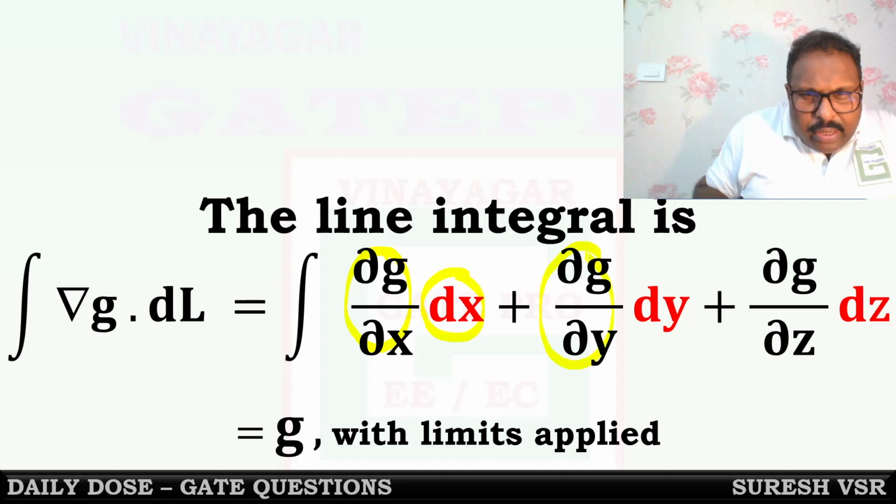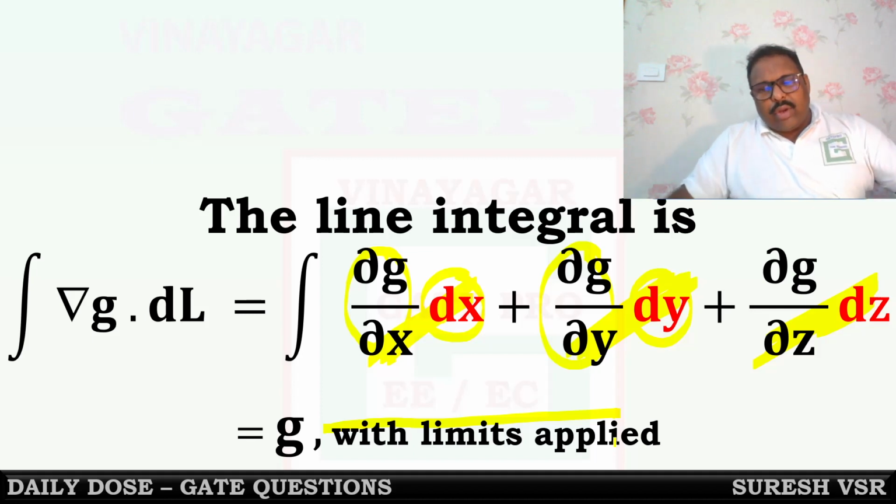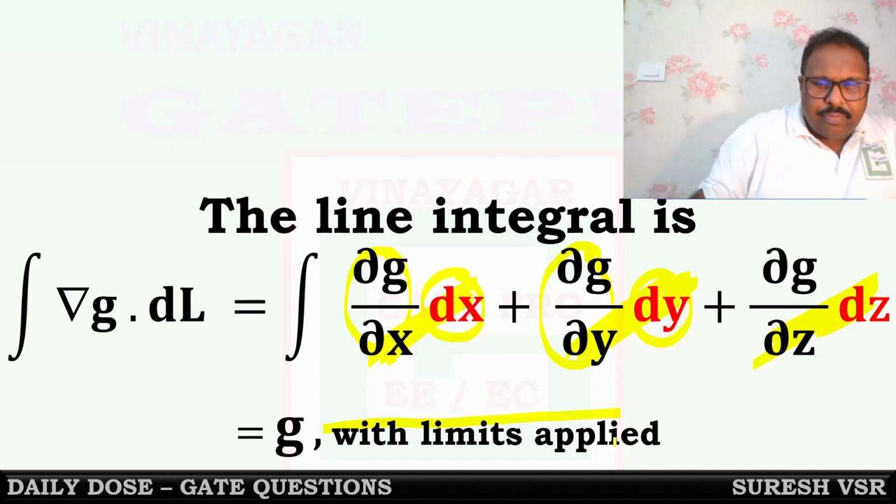Dou G by dou y, integration of dy. So what should this give you? The integration and derivative cancel. It's nothing but the integral of dG. So it's nothing but G with the limits applied. So when you're asked to find the gradient, or derivative, and then integration, it is nothing but the scalar's upper limit minus lower limit.